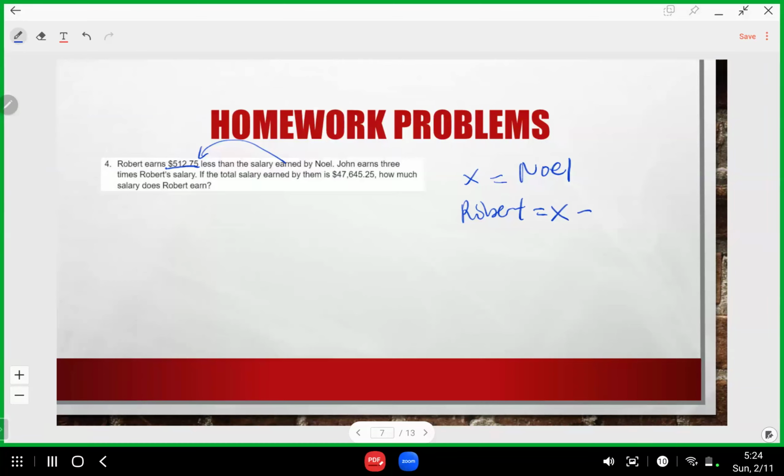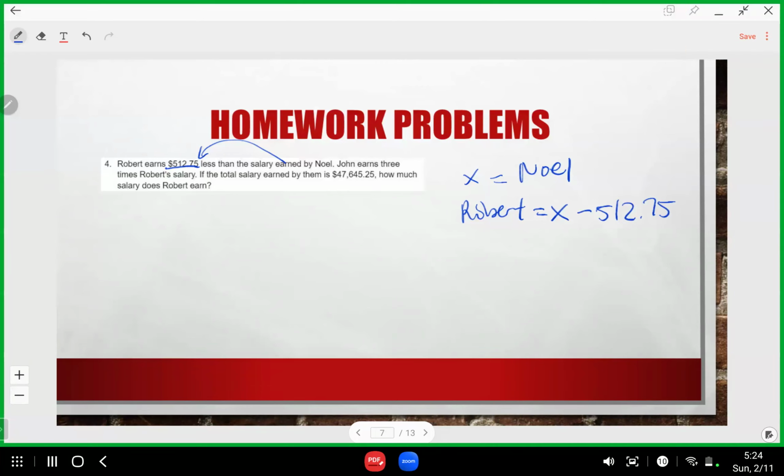So what would it be? So it's x minus Robert's salary and then so on, I think. Well, Robert is 512.75 less, right? So what would that be? So minus 512.75, right?